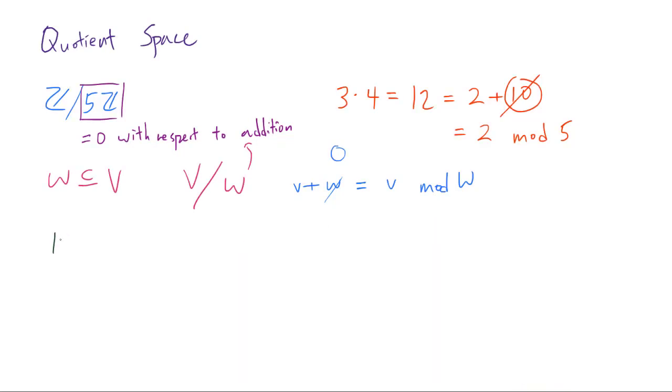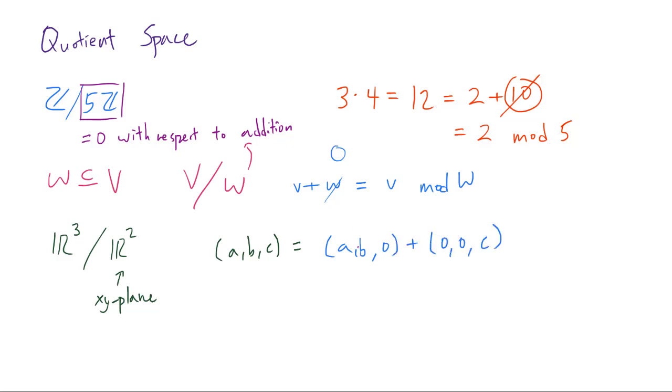To consider an example, if you once again consider the example of R3 and the subspace R2, so here R2 is the xy plane, then any (a, b, c), once again, can be decomposed as (a, b, 0) plus (0, 0, c). And since (a, b, 0) is in the xy plane, we are going to consider this thing to be 0 in the quotient space R3 modded out by R2.